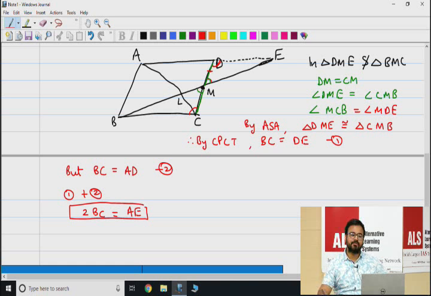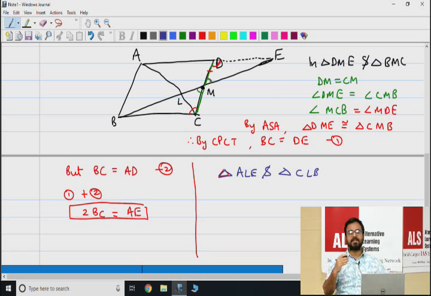Now the thing which we have to prove is BL and LE. If we prove the required triangles are similar, then the ratio of all the sides would be equal. So now we have to think about these two triangles, ALE and triangle CLB.